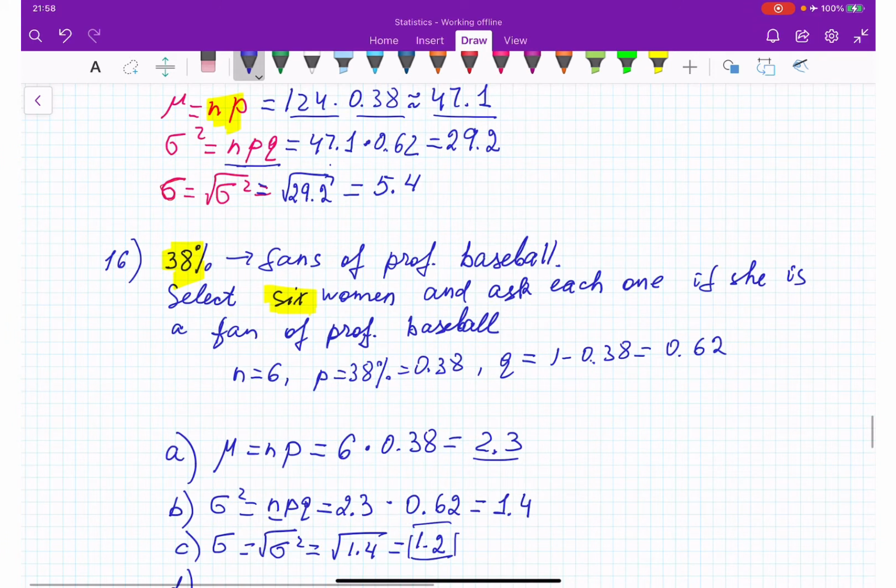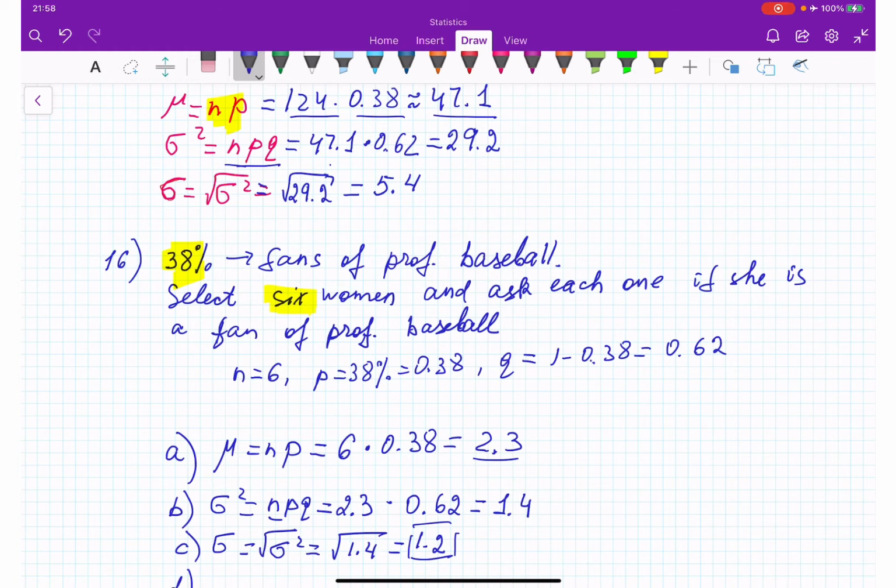Okay, question number 16. 38% of questioned women find themselves to be fans of professional baseball. We need to select 6 women and ask each one of them if she is a fan of professional baseball.